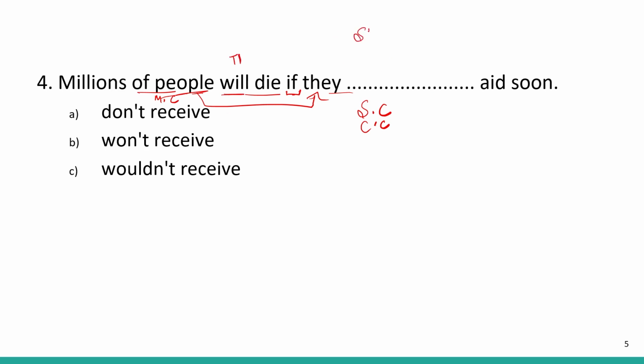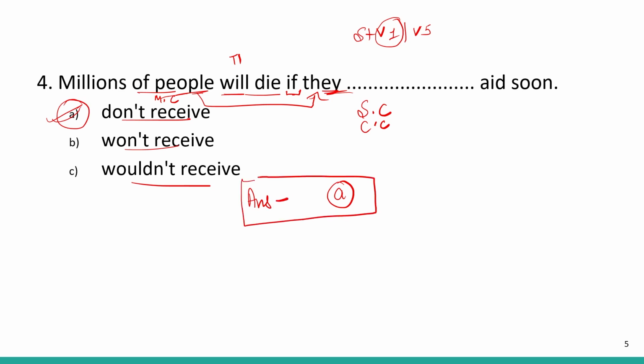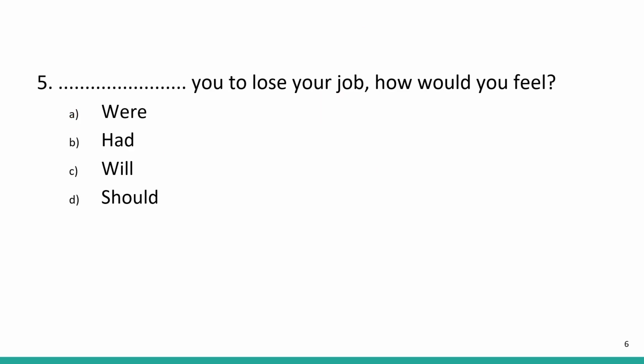It means here we need subject plus verb 1 or verb 5. So this is they, plural, so we need only verb 1. So do not receive, will not receive, would not receive. Won't means will not. Don't means do not. So our answer will be A. Correct answer is A. So the correct sentence will be millions of people will die if they do not receive aid soon.